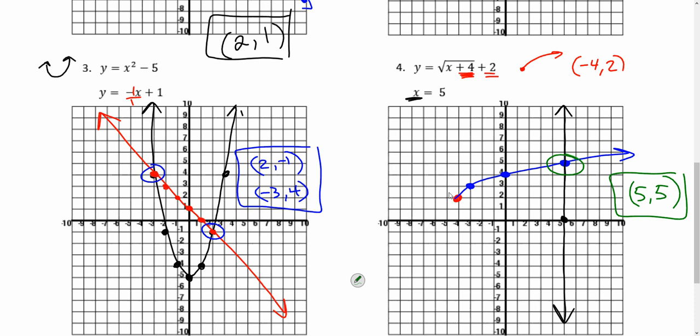So in your packet, let me take a look at the packet. So if you guys look at the packet, 1, 2, and 3 are like things we did for the bell work, where you have to plug it in to see if it's equal. On 4, 5, 6, and 7, they already drew the pictures for you. So you just got to tell me where they cross. And then on 8, basically to the rest, 8 through 15 is draw your own graphs.